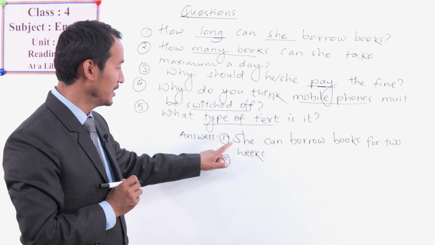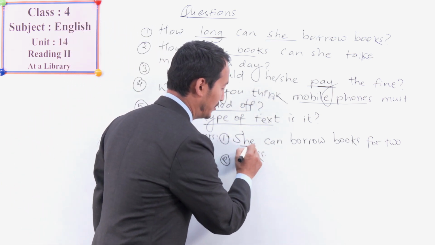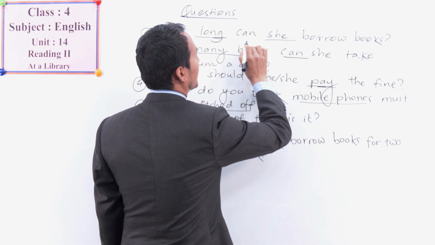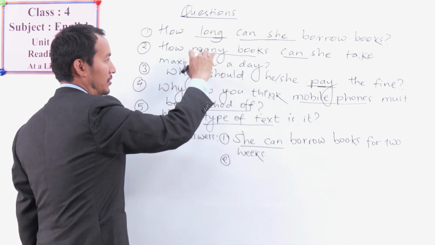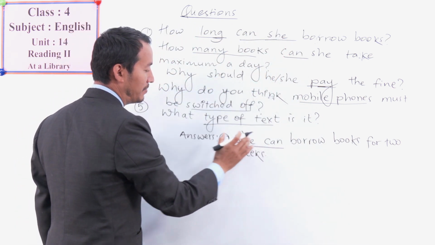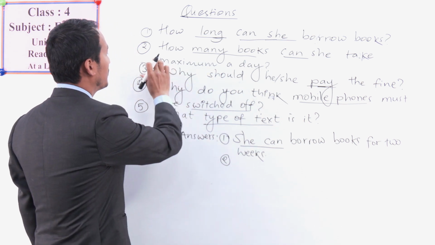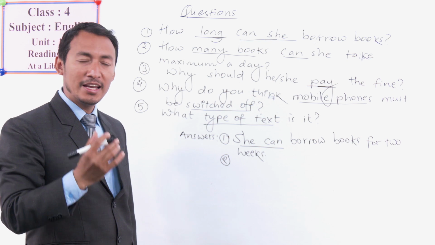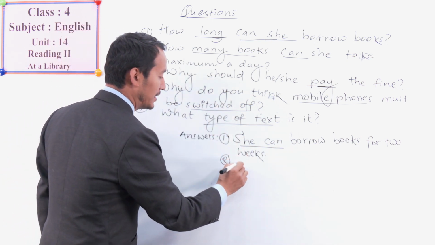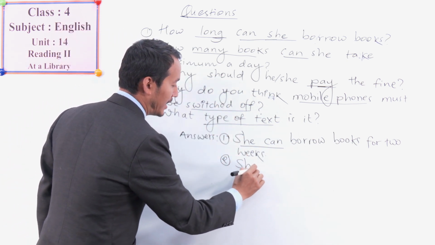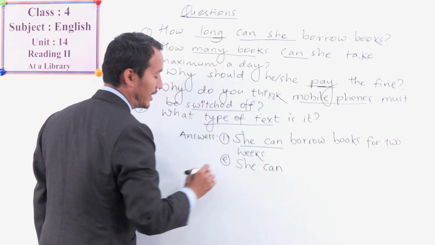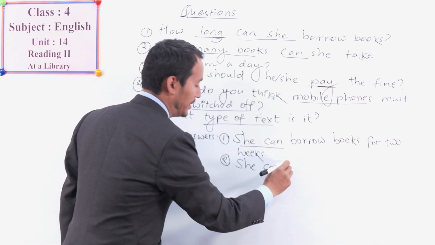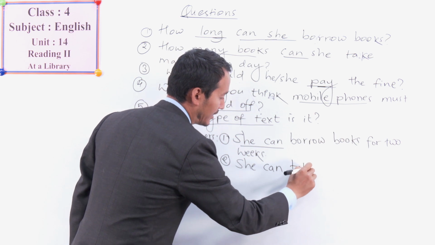Okay, dear students, she can. Look, you have to arrange the question can she to the subject and auxiliary verb order. Another question is how many books can she take maximum a day? Again, you have to do it in a similar way. She can. Start with she can. Take. How many books? You have to write take.